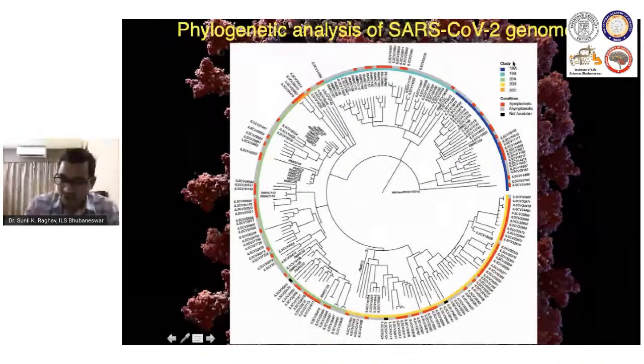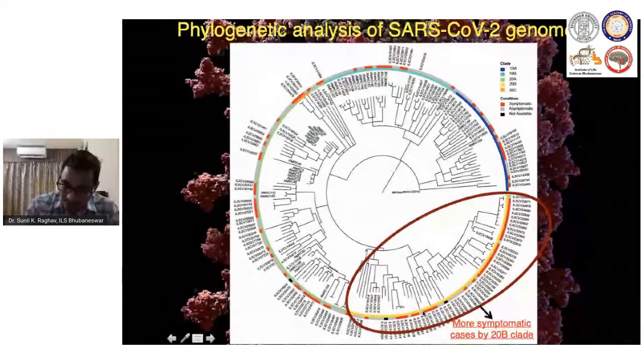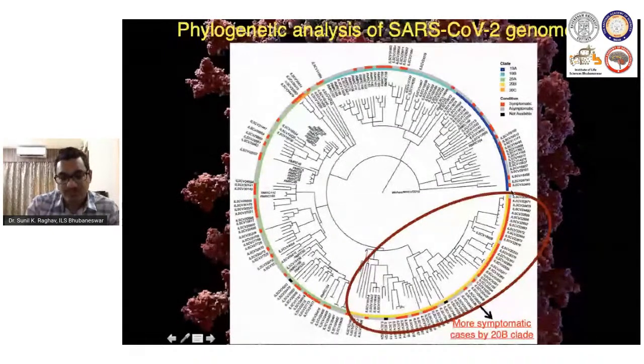Here we try to associate these clades with symptomatic and asymptomatic cases. If you look at this highlighted region, this yellow line shows that the 20B clade is there, and the red line along with it indicates symptomatic cases. So it appears that the 20B clade is more associated with symptomatic cases.